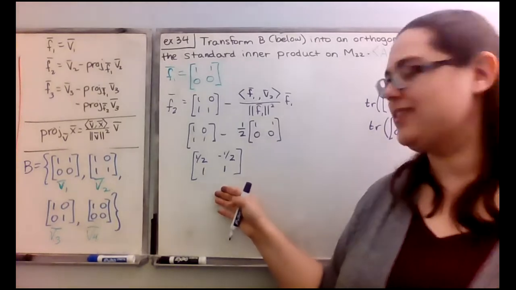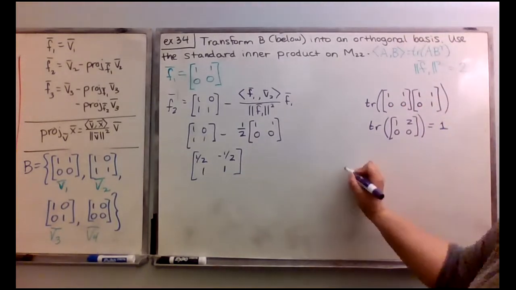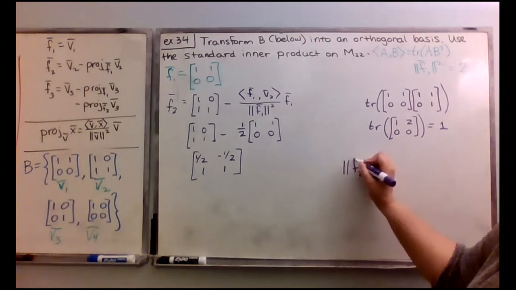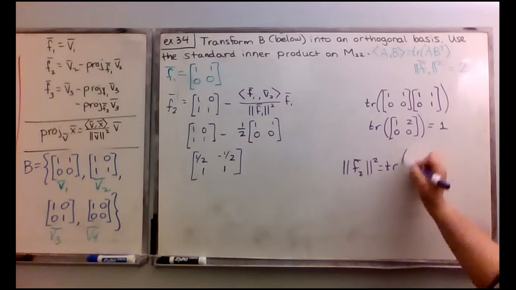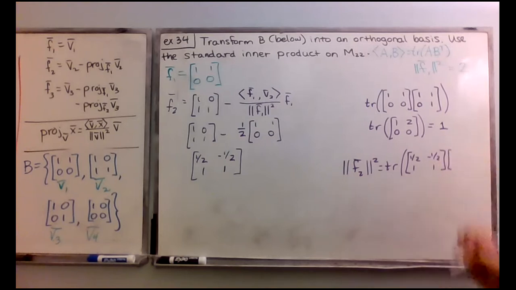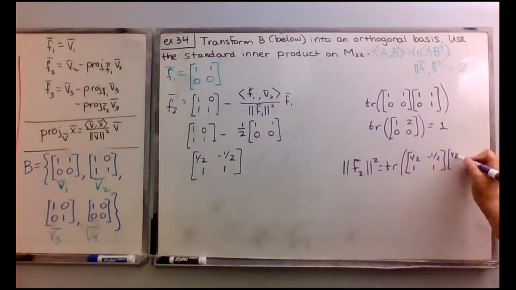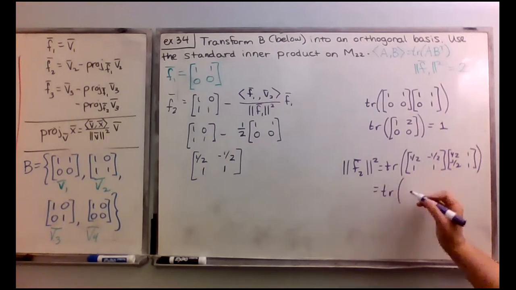And because we're going to need it, let's find the norm of F2. So the norm of F2 squared is going to be the trace of 1/2, 1, minus 1/2, 1 times its transpose. So 1/2, minus 1/2, 1, 1. So this is the trace.